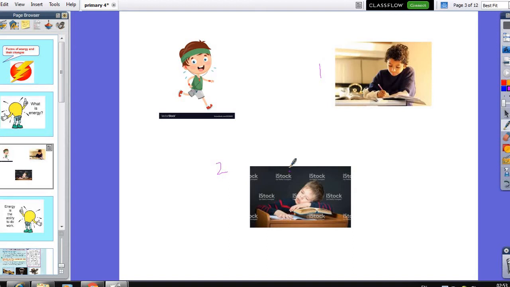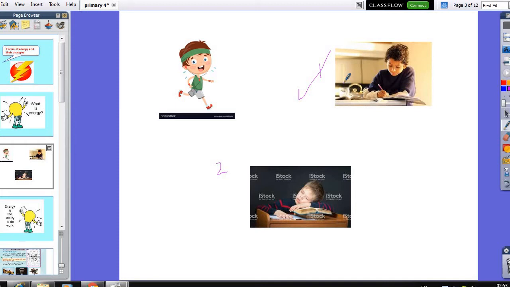Yes, of course it will be 2. That's right. So 2 has the ability to do work, so he has energy. That's what's meant by energy.